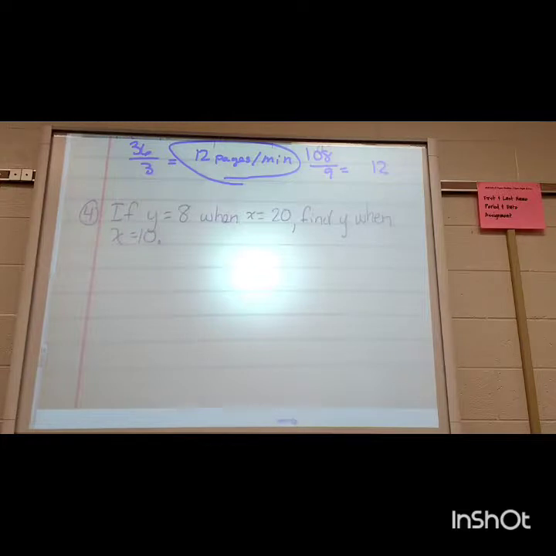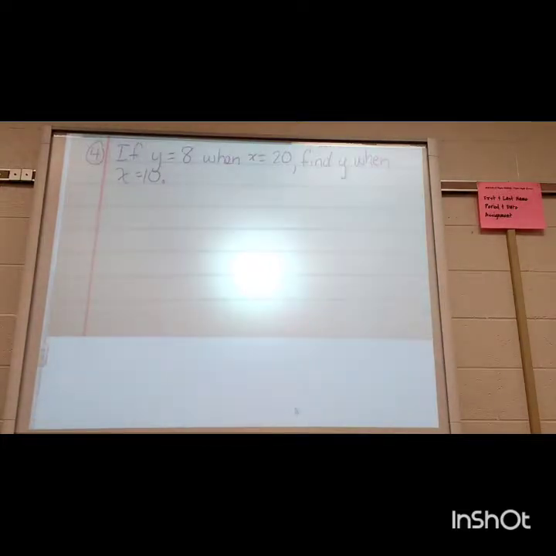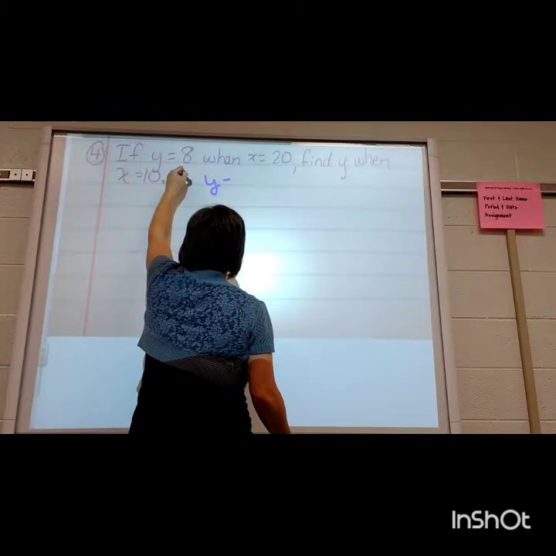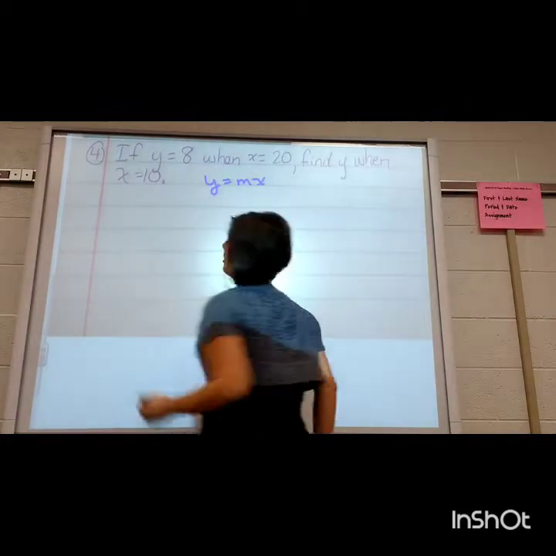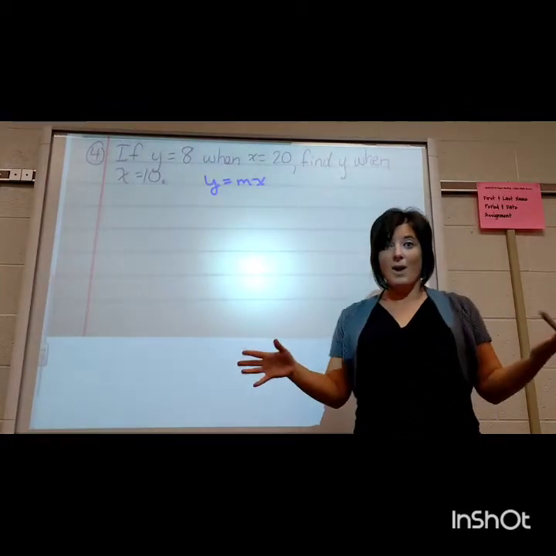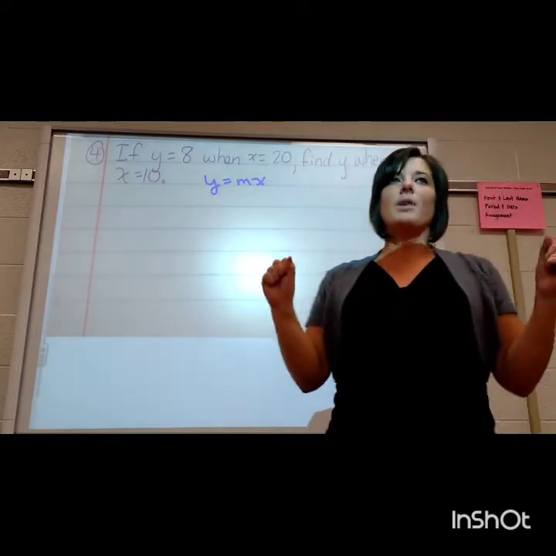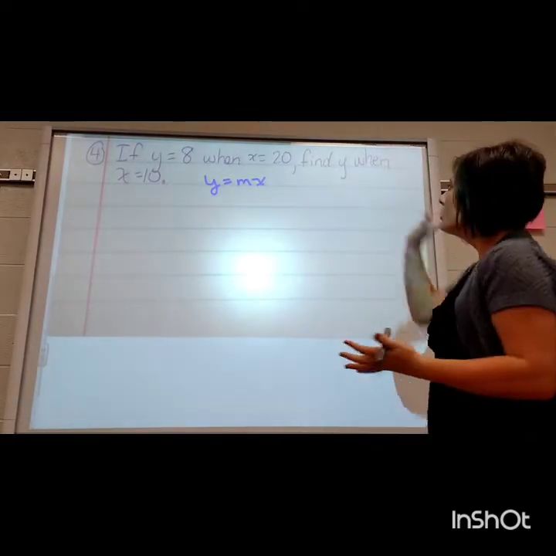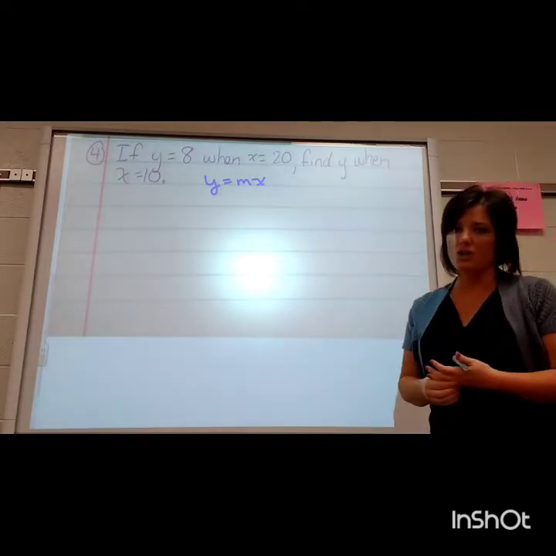So I'm going to go ahead and write that here. The direct variation equation is y equals mx. By the way, it's very exciting that you're learning this, because you're on your way to the algebraic equation that you're going to be working with for most of the year. So y equals mx is our direct variation equation.